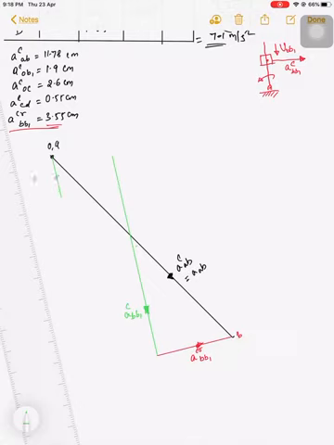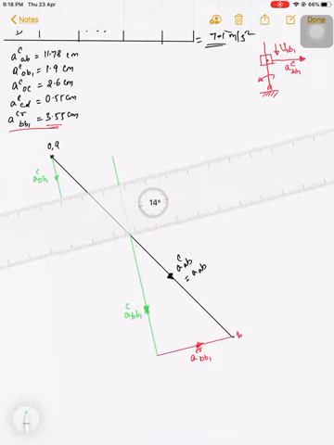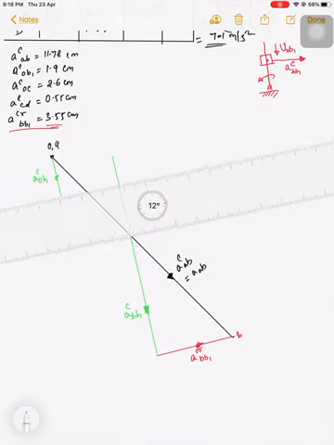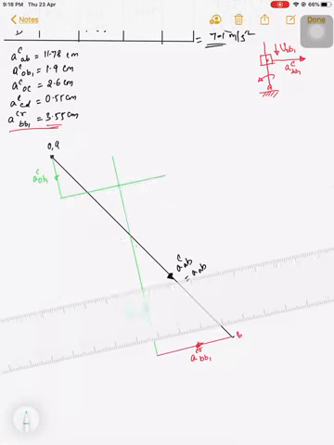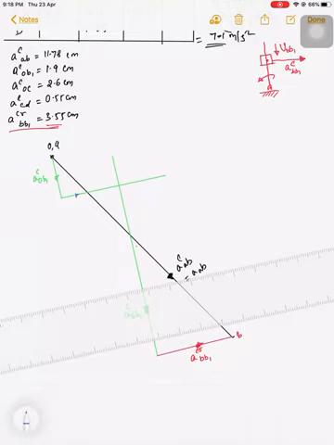This is again the centripetal component of OB1. Exactly perpendicular to this line, if I draw a line, this is the tangential component of OB1.